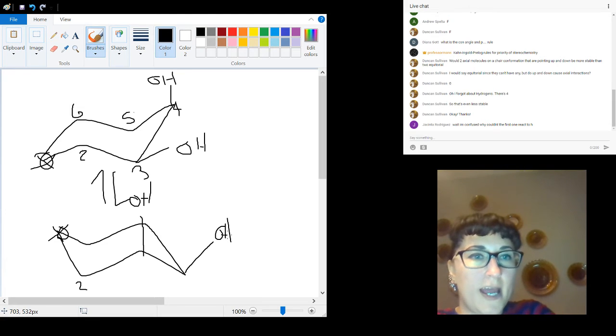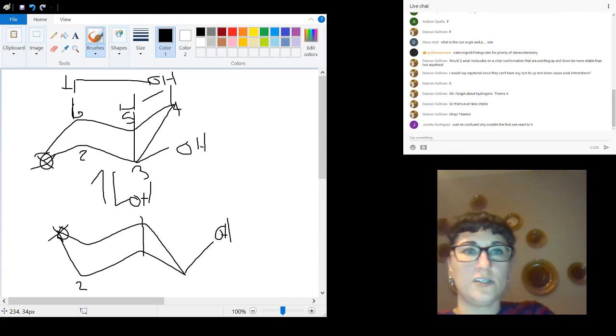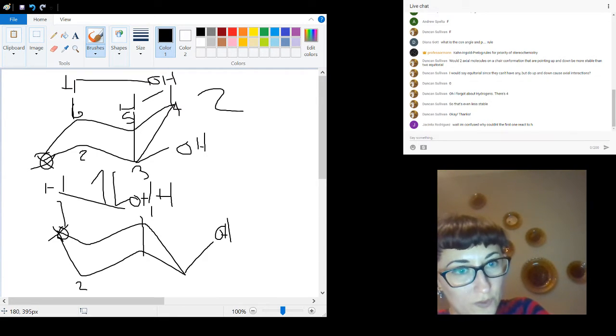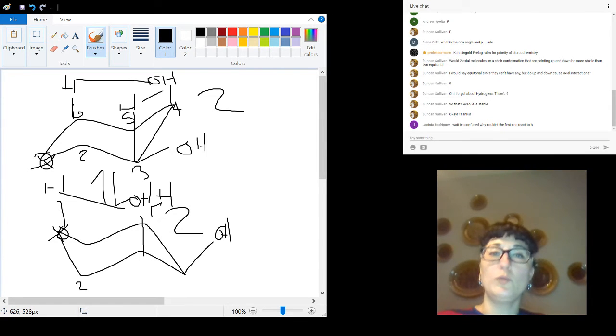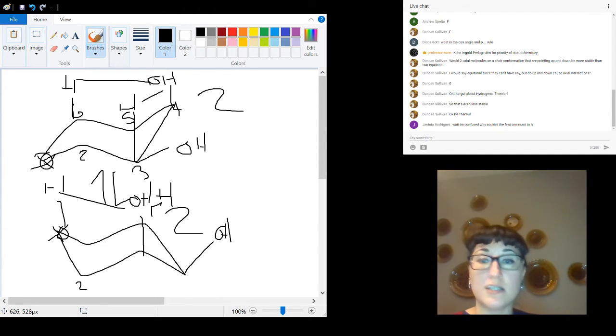So here I had a total of 2 1,3 diaxial interactions. And in this one at the bottom, I still have 2 1,3 diaxial interactions. So it's possible in some cases that you don't necessarily have a more stable conformation. It's entirely possible they can have the equivalent stability.